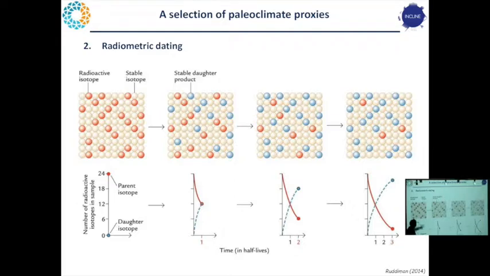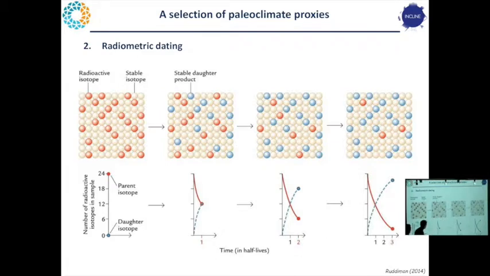The orange are stable isotopes of the same chemical element, and as time progresses, radioactive isotopes in red turn into stable daughter isotopes in blue. This transformation occurs at a constant ratio.